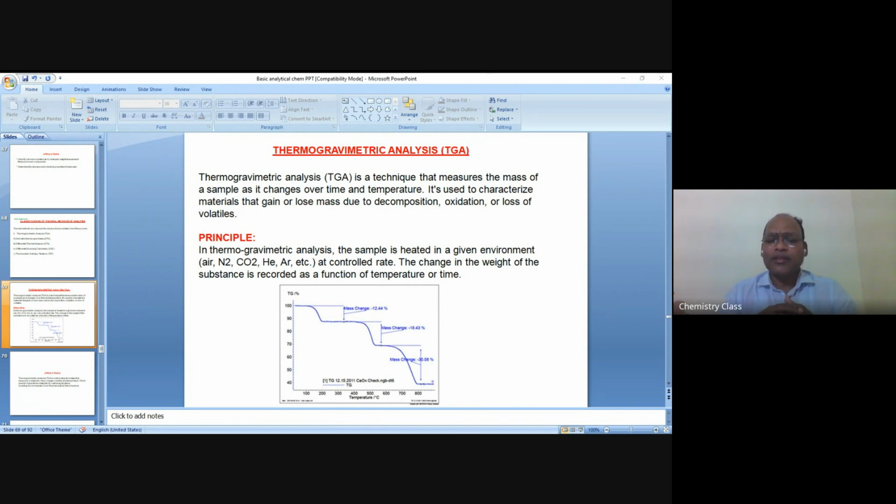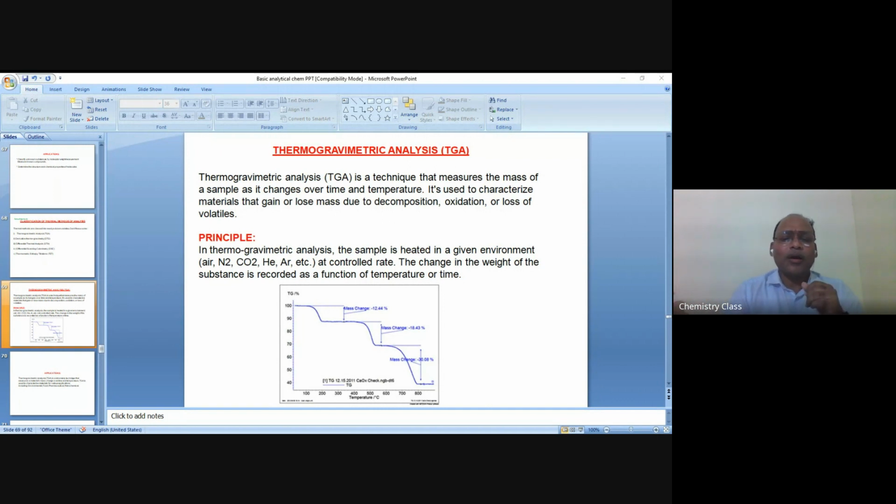Time to time, that mass will decrease, because as time increases, temperature, air, and other environmental factors are involved. If you apply heat to the water, the mass will decrease. As time increases, the mass of the water decreases. This is a natural process.